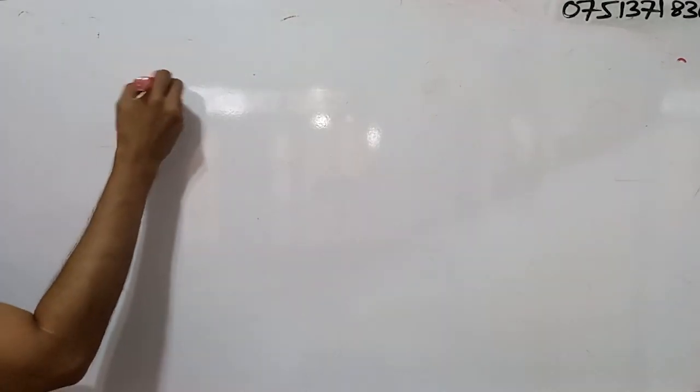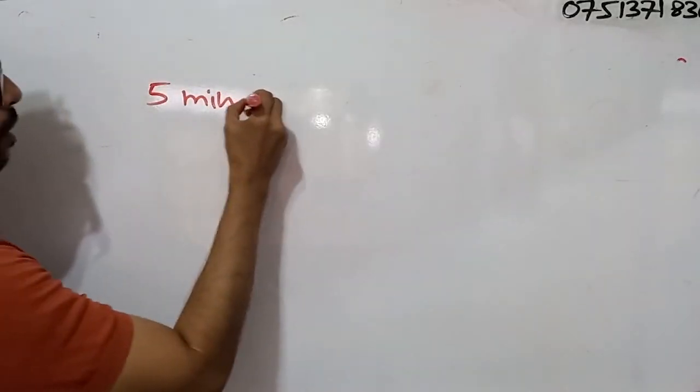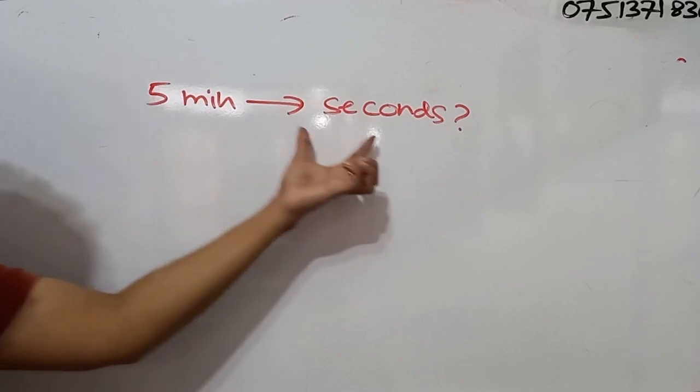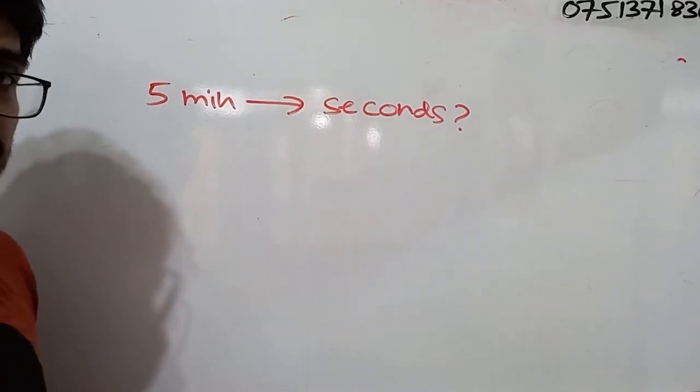Now imagine that you have been given 5 minutes. So you have to convert this into what? Seconds. විනාඩි 5 තප්පර කරන්න ඕන. Right. So how do we do this?